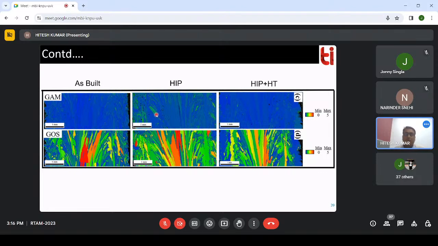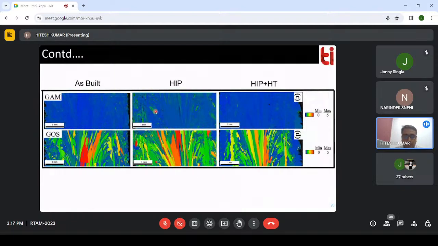To explain it in a more layman way, suppose you have a grain that is made up of 1000 pixels. First we calculate the misorientation of the 1000 pixels, then take the average of those 1000 pixels and compare that average with each pixel. This gives you a more precise answer of how the misorientation is present inside your material.